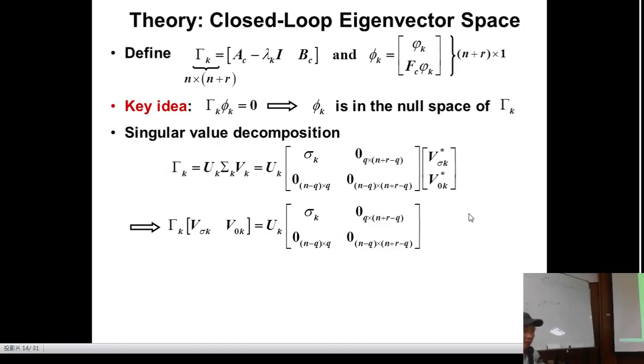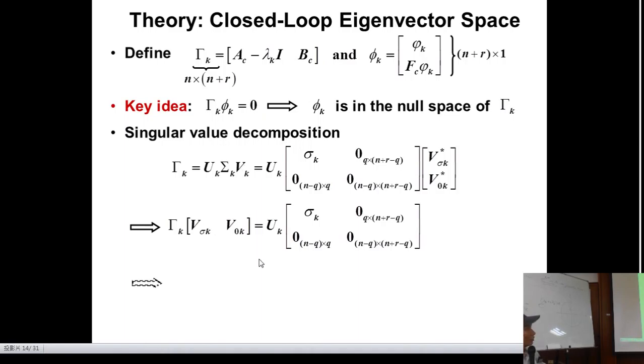For the complex case, the inverse means the transpose and conjugate. All right. So if you look at this carefully, from here I move this one to the left-hand side because I want to have this gamma k, V k equal to 0.